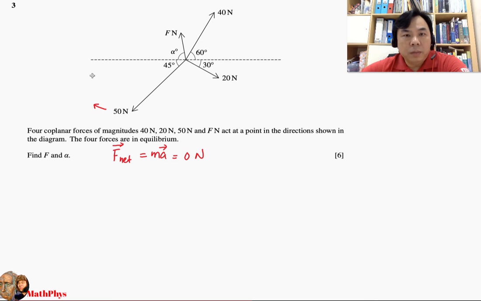I'm going to write it down here. So we can write as 50 cos 45, because if you were to draw a right-angled triangle here, I'm going to show it to you, right-angled triangle.